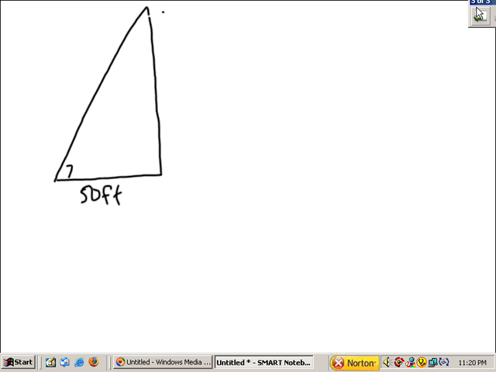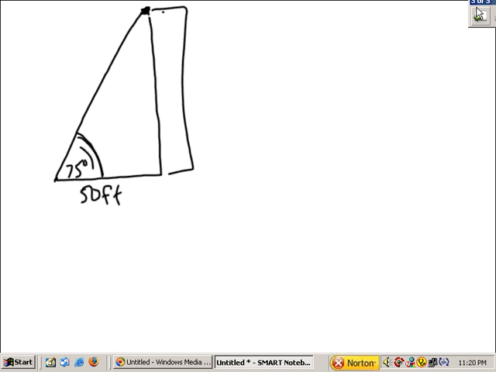Maybe this angle is 75 degrees. With a protractor, I was right the first time, we can find out this angle. And again, this point here at the very top is the top of the building.